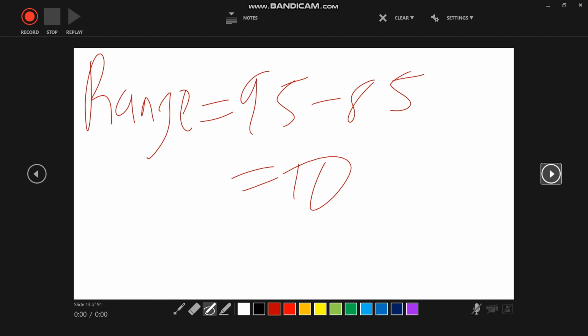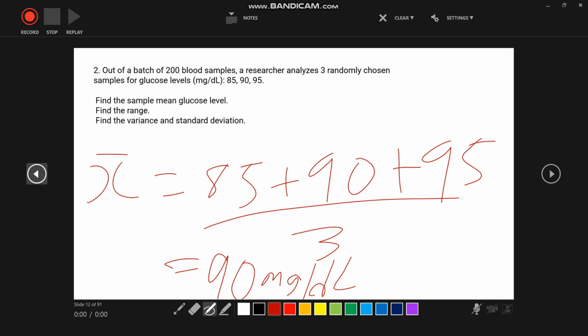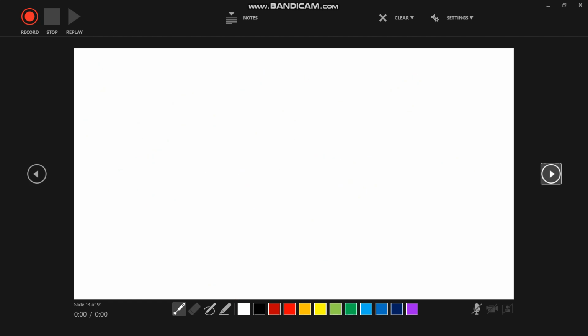And the last question says we should find the variance and standard deviation. Since this is a sample variance, the formula we will use is S squared equals the summation of x minus x bar squared, divided by n minus 1.